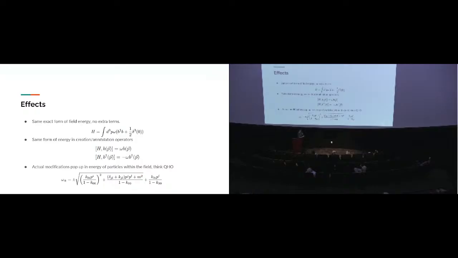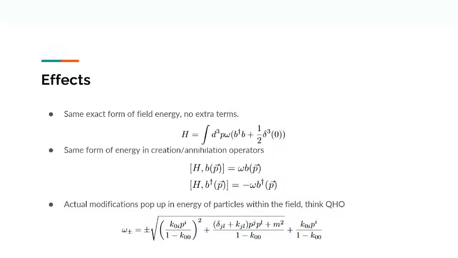Now the actual effects that we see. So the top three equations, you don't really need to care about what they do, we just care about the form. So even without Lorentz symmetry breaking, the form of these three equations stays the exact same, which is nice. The only thing that changes is the total energy that we see within the field, which is that bottom bit.